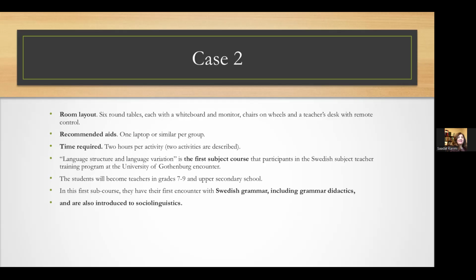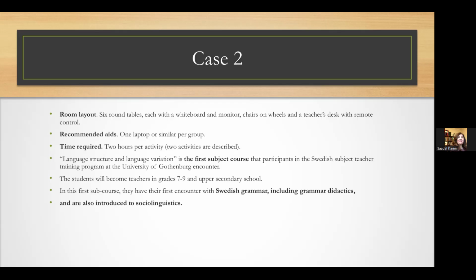Students can use their own laptop, one laptop per group or similar. Time required is 2 hours per activity, and 2 activities are described.